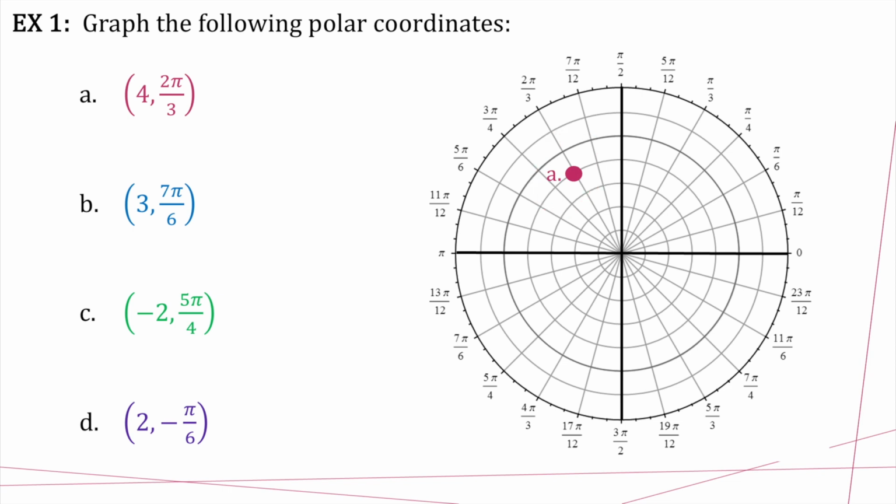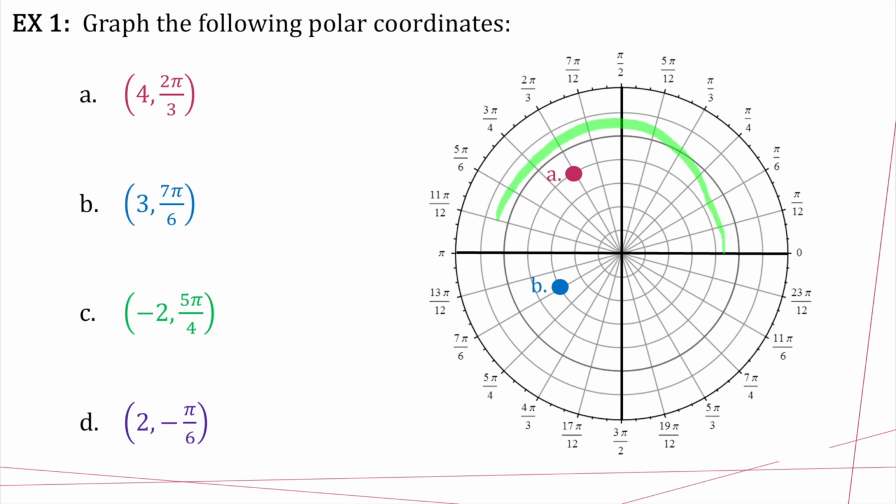Okay, B, we've got 7 pi over 6. So for this one, we've got to go all the way around to 7 pi over 6 and then count 3. 1, 2, 3. There's B. C, we're going all the way to 5 pi over 4. So where's that?